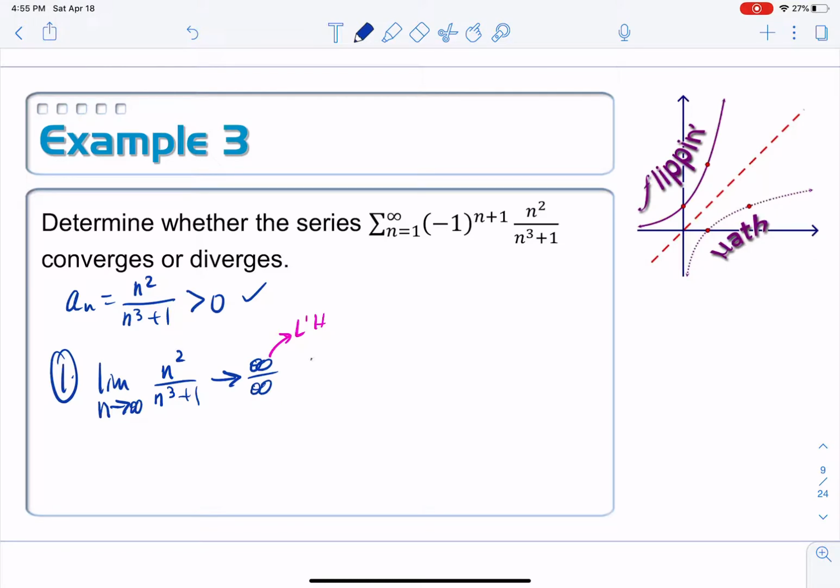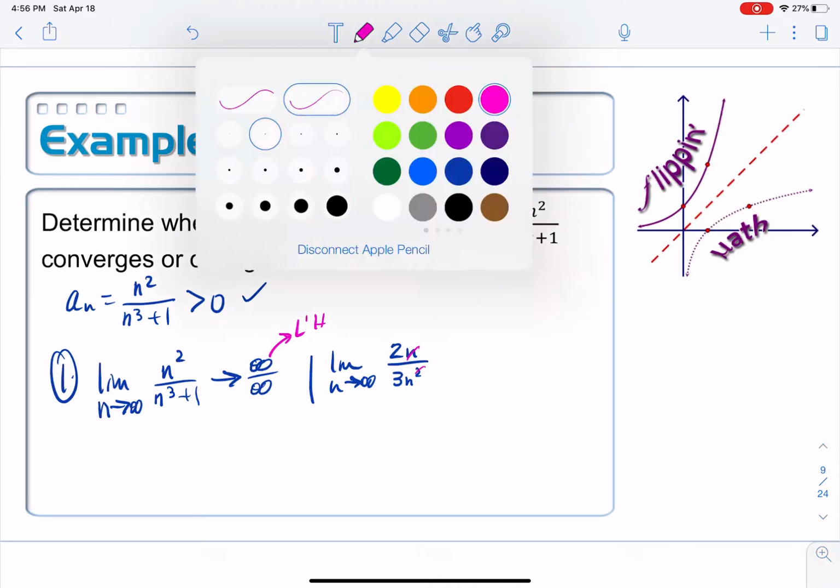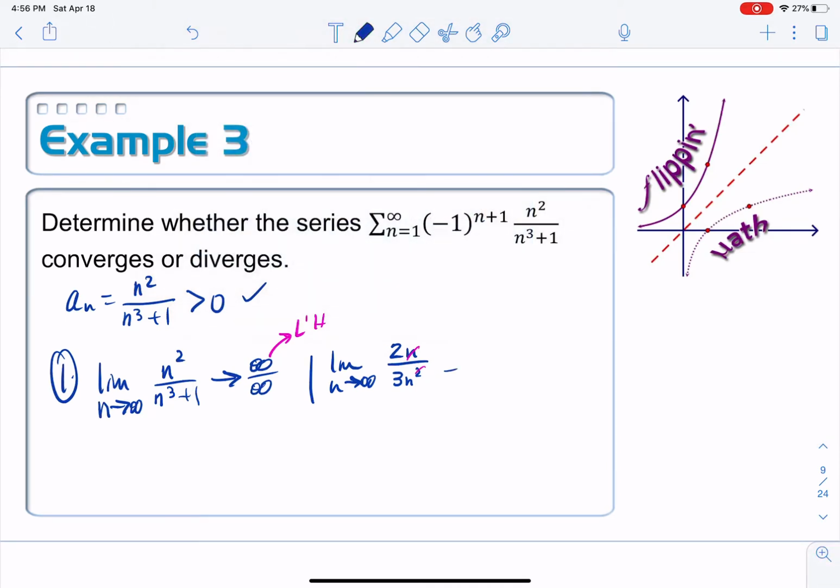Consider the limit as n goes to infinity of, taking the derivatives, 2n over 3n squared. Then I can cancel stuff, like this n and one of these n's. The limit as n goes to infinity of just 2 over 3n, which, yeah, is pretty much 0.